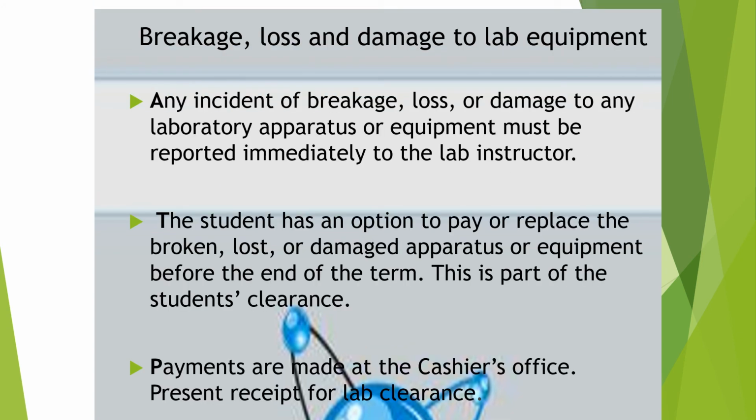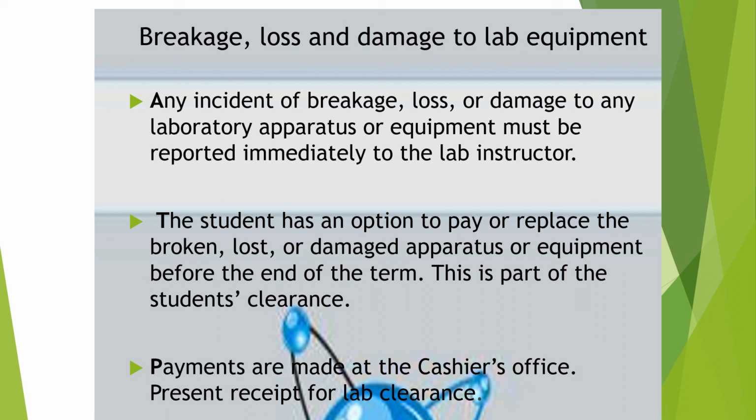Okay, in case of breakage, loss, and damage to lab equipment, any incident of breakage, loss, or damage to any laboratory apparatus or equipment must be reported immediately to the laboratory instructor. The student has an option to pay or replace the broken, lost, or damaged apparatus or equipment before the end of the term.